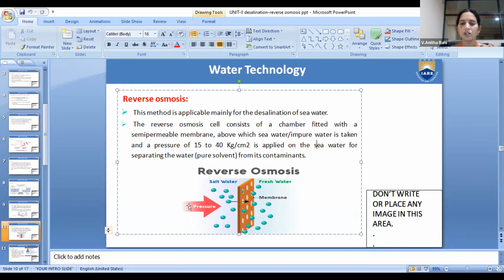We have taken salt water and we are applying the pressure. The flow of solvent takes place from the higher concentrated solution to the lower concentrated solution, so that you can collect the fresh water and use it.